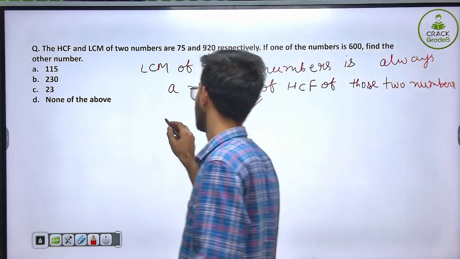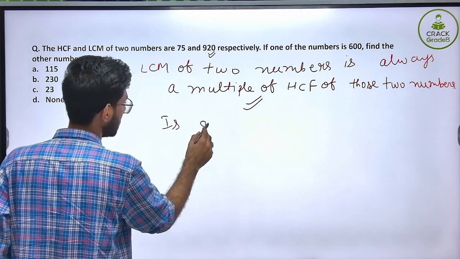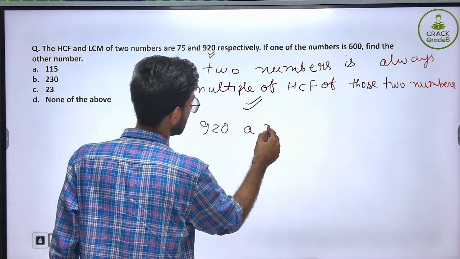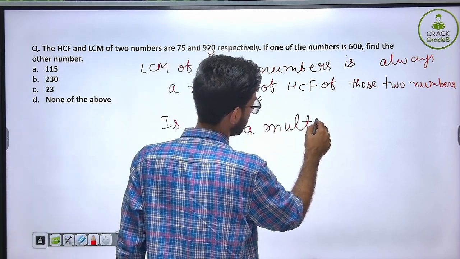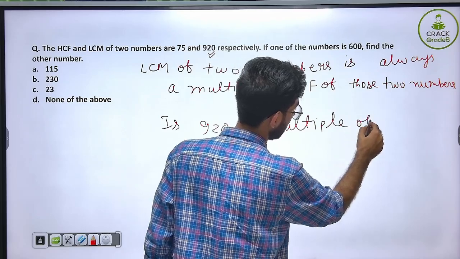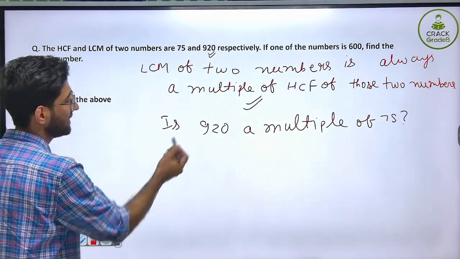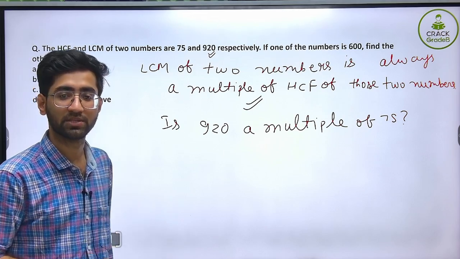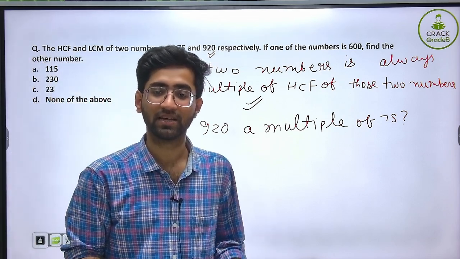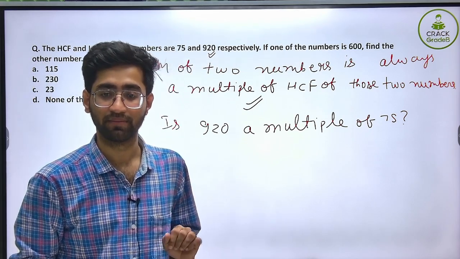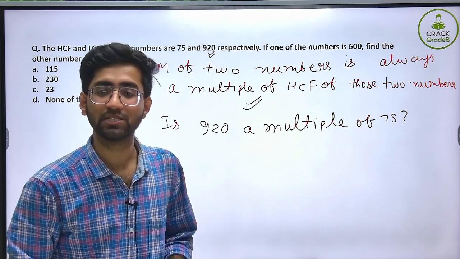So now we will check whether 920 is a multiple of 75. Okay, let us check. If I say that 20 is a multiple of 5, means 20 is divisible by 5.